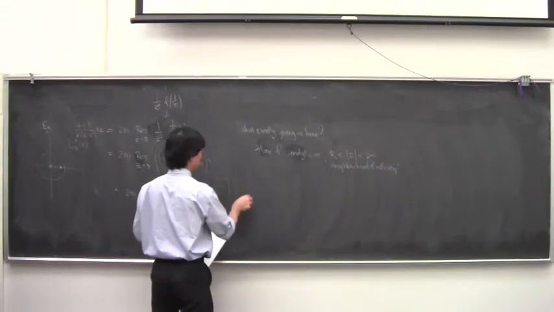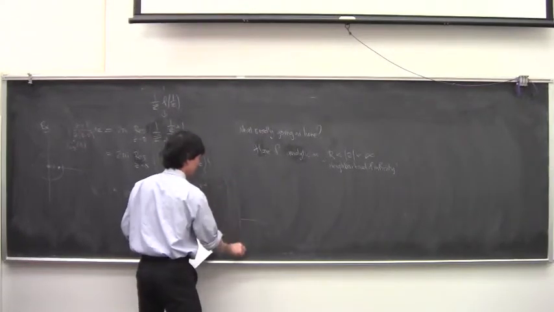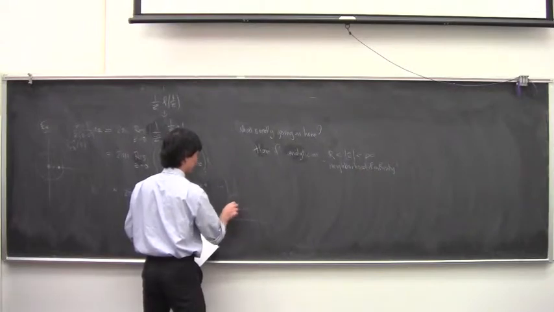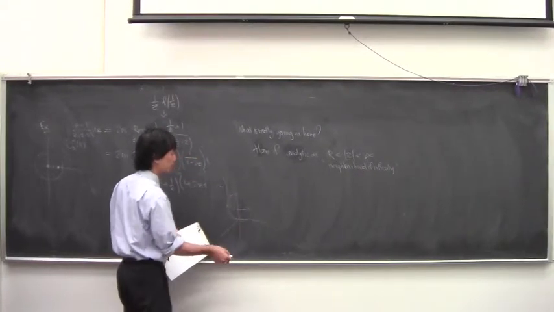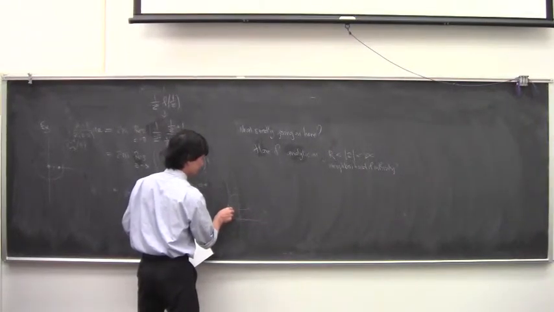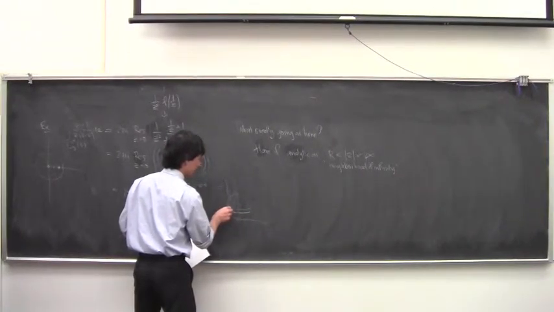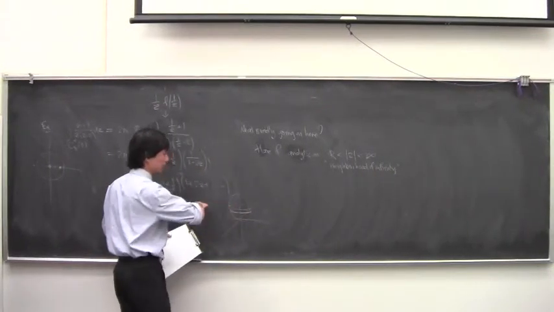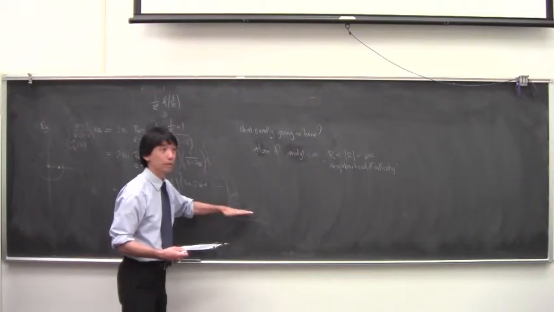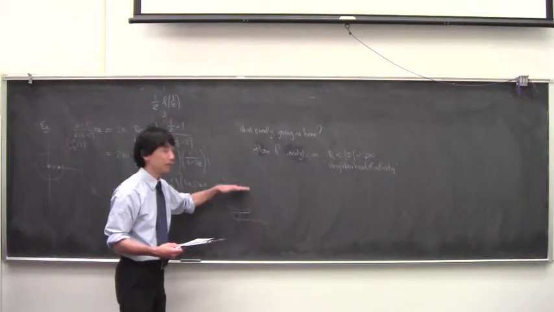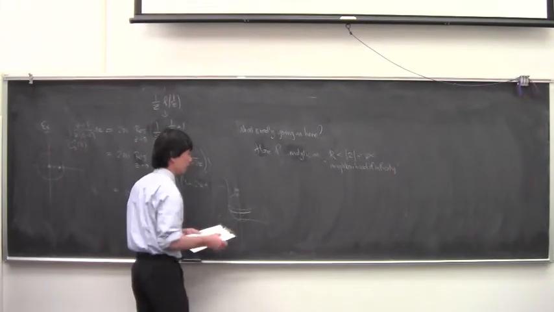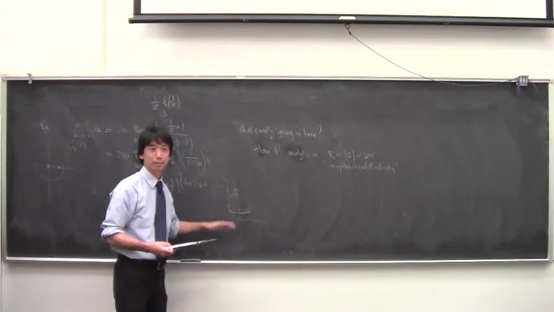If you're thinking about the Riemann sphere, then outside of some R basically means that you're taking some latitude, and you're looking at everything above that latitude. So it's some neighborhood of infinity.